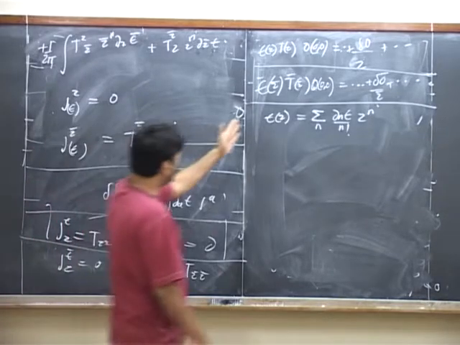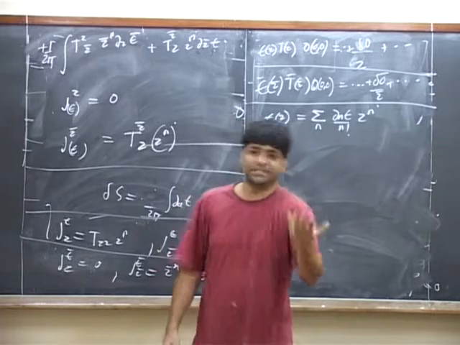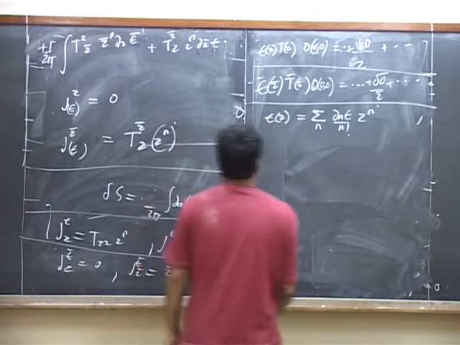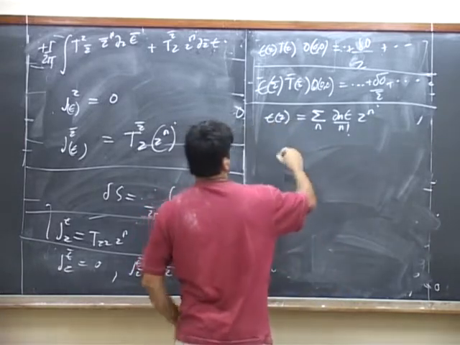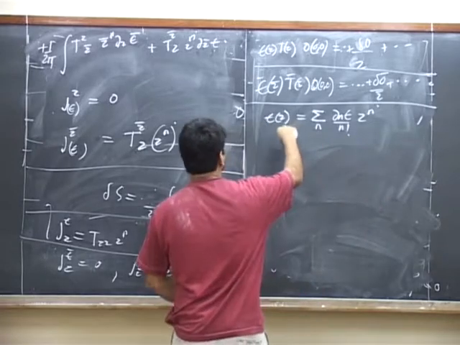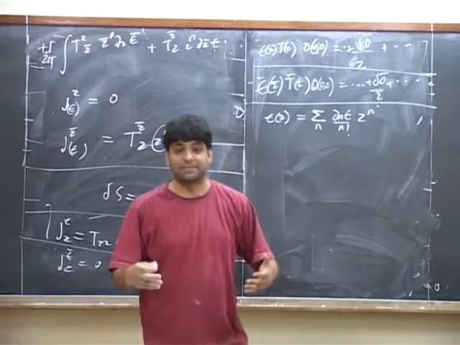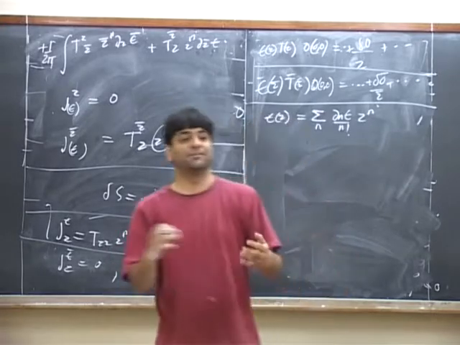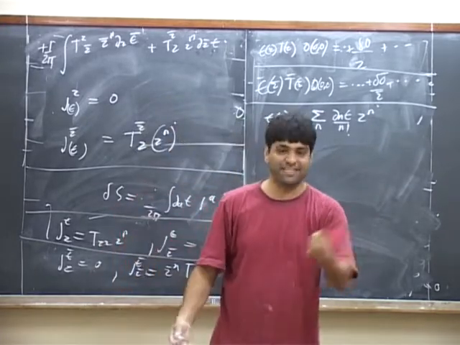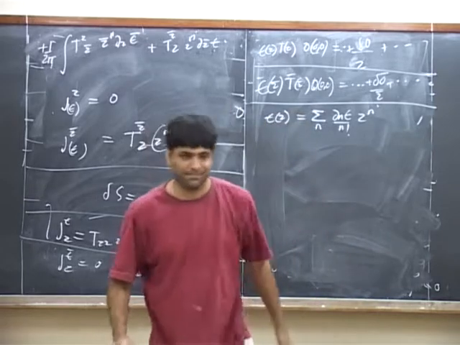So I take epsilon and I take a series expansion. So I'm specializing to those epsilons that have a Taylor series expansion. I could look at things that have singularities, but we'll deal with those later.